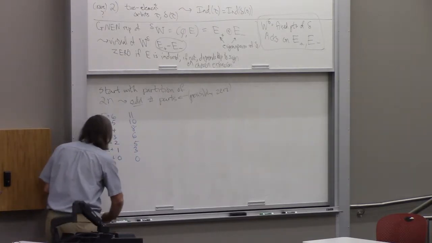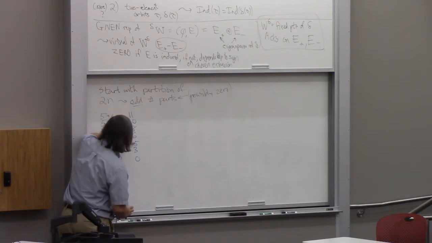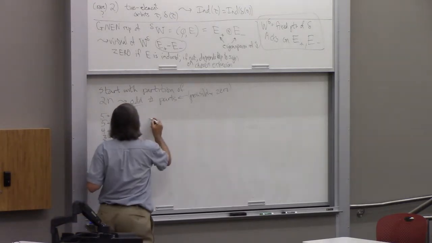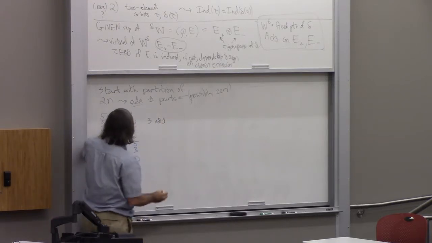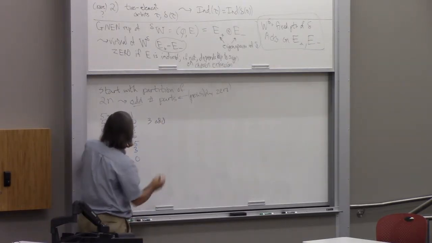In this column now, there are 1, 2, 3 odd numbers and 1, 2, 3, 4 even numbers.